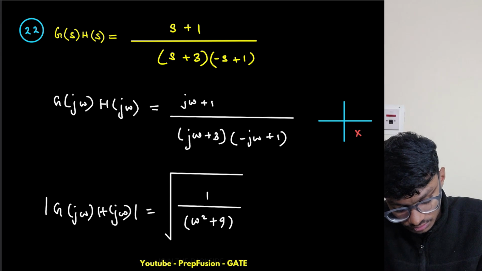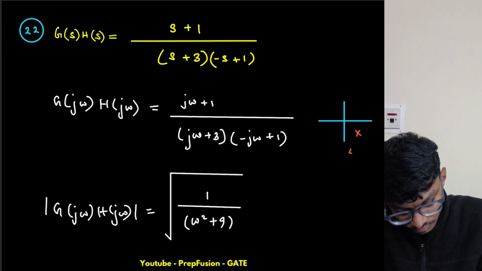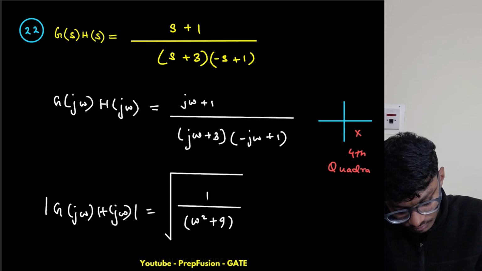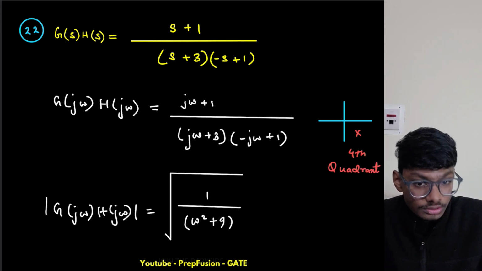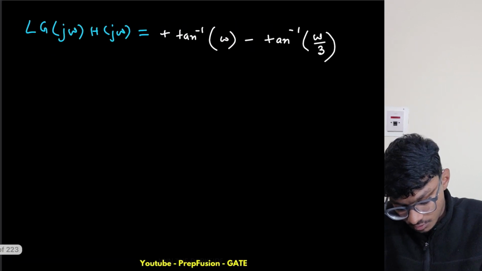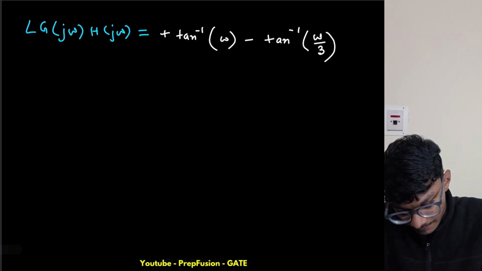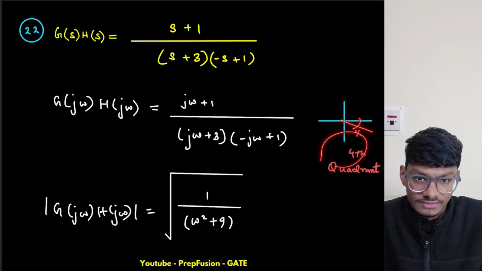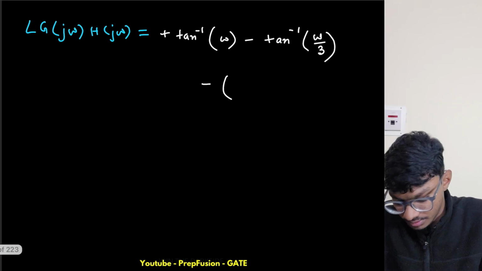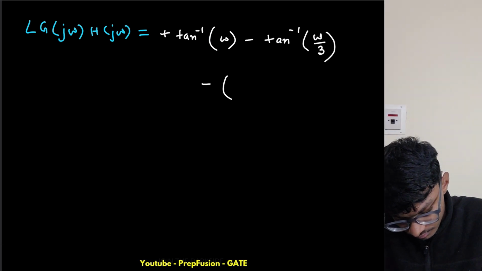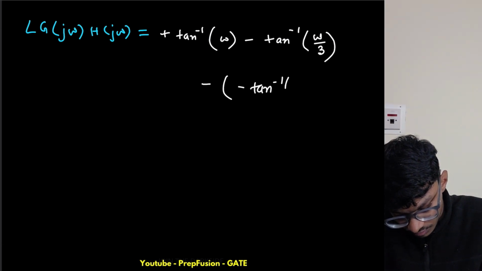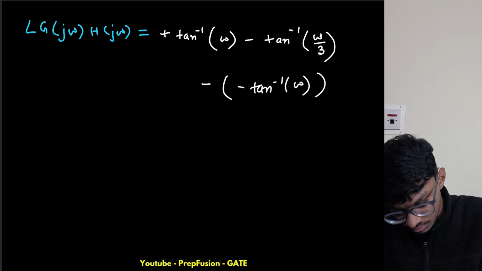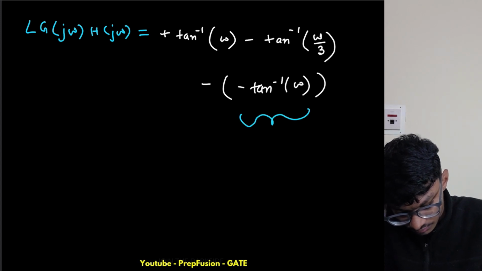In the fourth quadrant what is the angle? It is minus tan inverse theta. Minus of minus tan inverse omega. This is in the fourth quadrant.